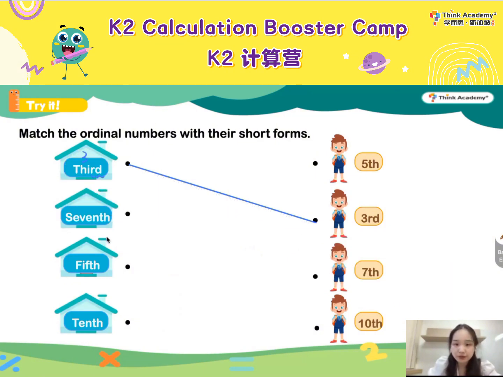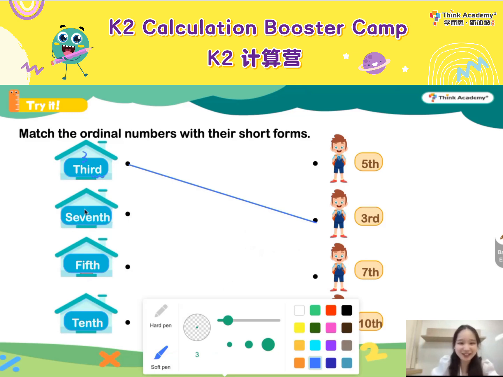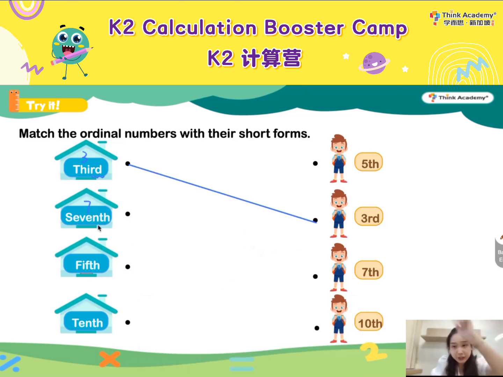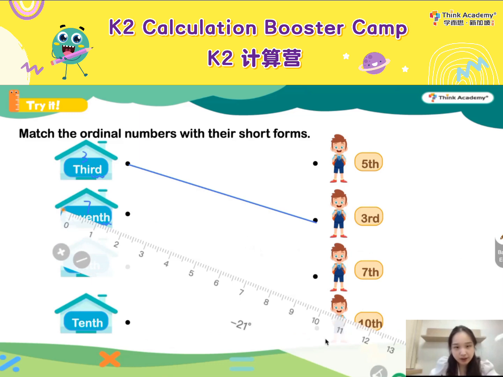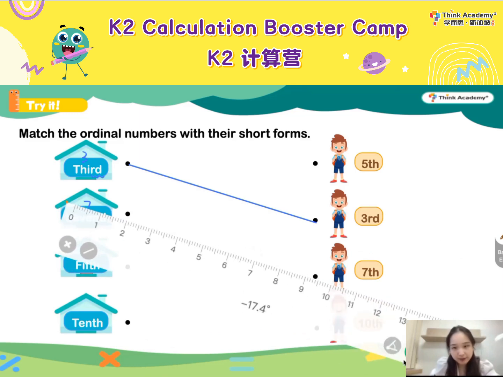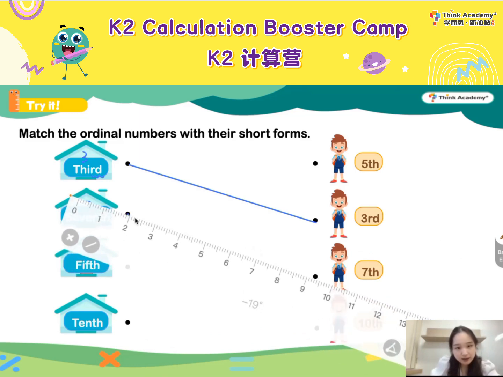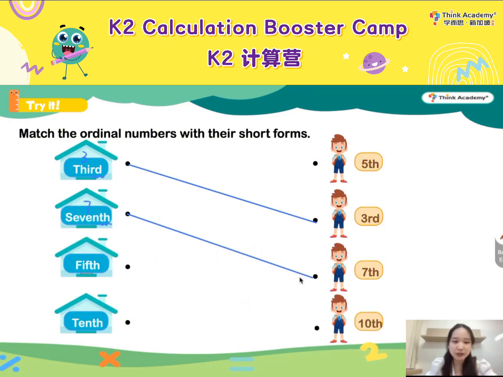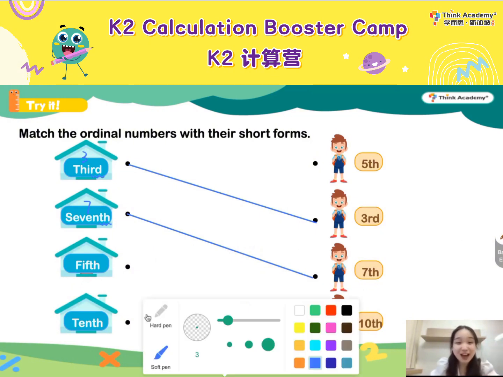What about the seventh? Oh, that is obvious. We got 7 in the front. So 7, the little tail, TH. Who is 7TH? This boy. So we link them together. Okay. Nicely, well done. What about fifth? This FIF is quite similar to number 5, right? So fifth stands for number 5.